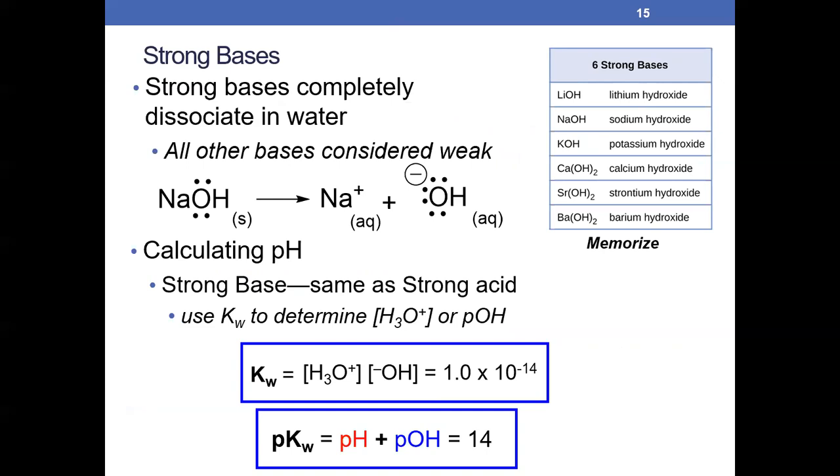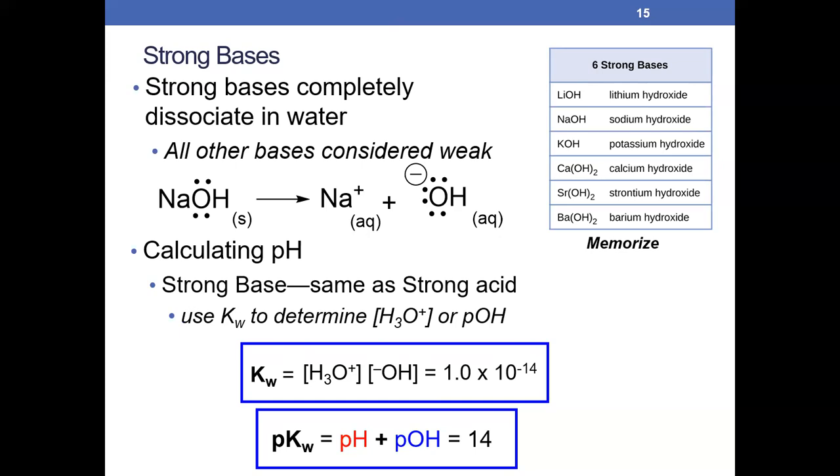Thinking about this as a balanced chemical reaction, I'm throwing that solid into solution, and I'm creating my cation, whether it's lithium, sodium, or potassium, and then my hydroxide in solution. Since this completely dissociates in water, we don't have any of our strong base remaining in our solution.